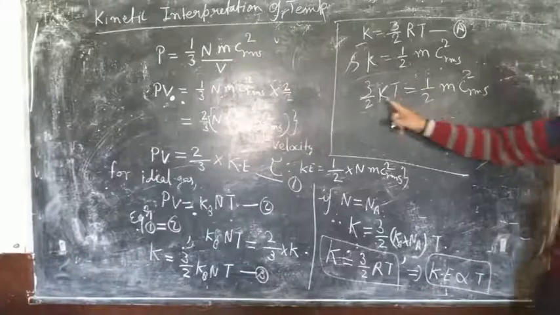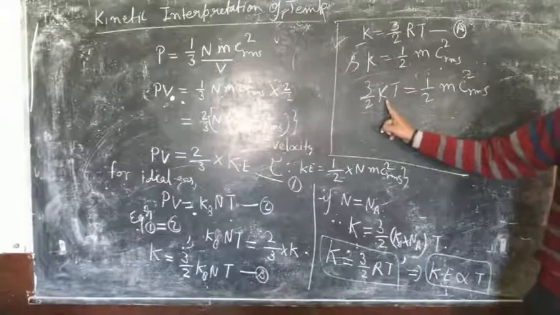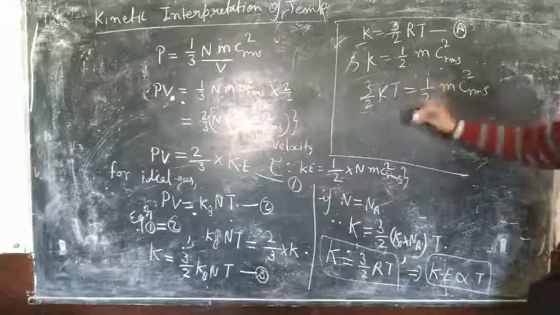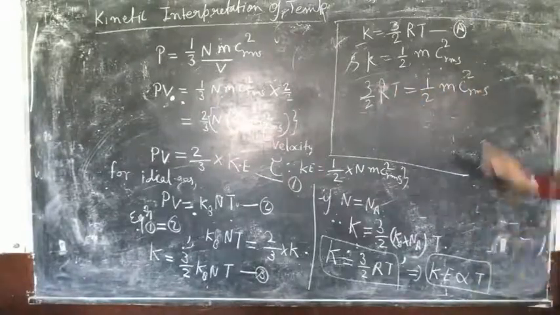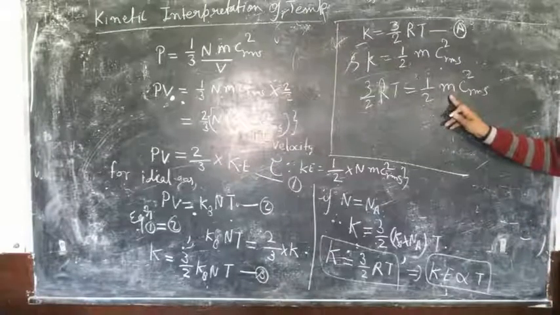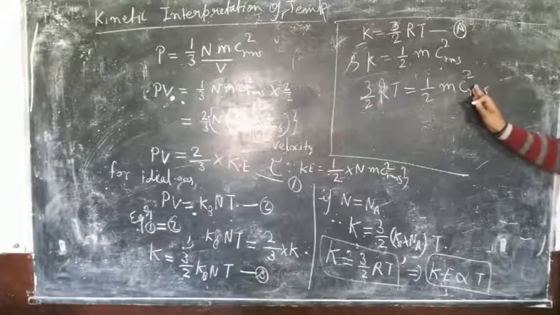Now 3 by 2 is a numerical value, and R is the universal gas constant. Here m, the mass of the molecule, is constant.